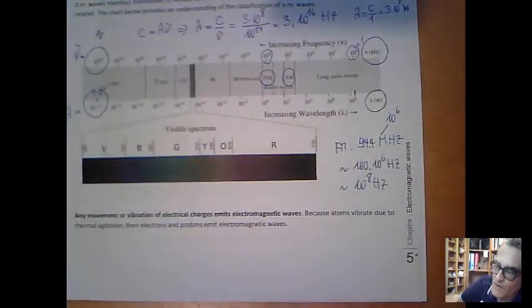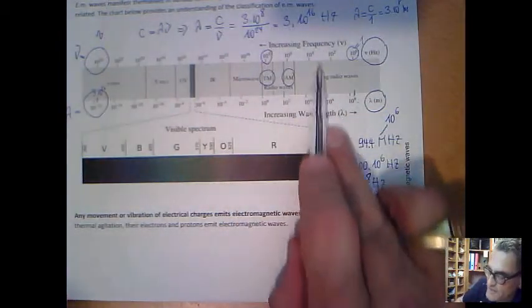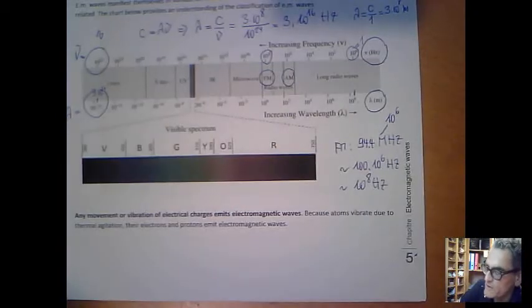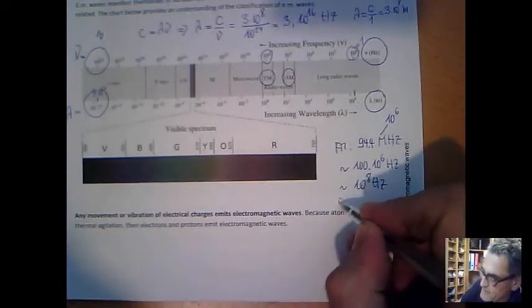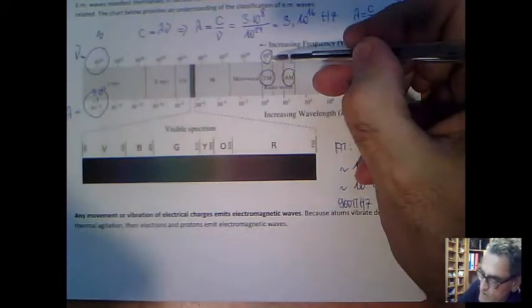Now there are lots of discussions going on about whether Wi-Fi is dangerous, because Wi-Fi is also in this area, and the GSM signals, the mobile phones, are also in that area. The mobile phone is 900 megahertz, so it's a bit higher.